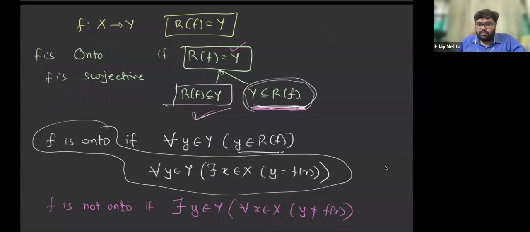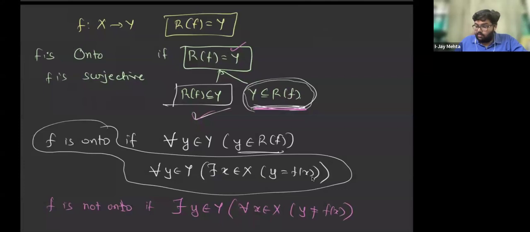All of you clear with this? Okay, so now think about it. When you want to show onto, you have to start with an arbitrary y.